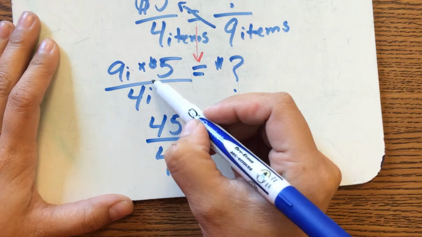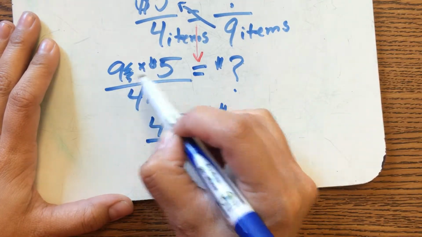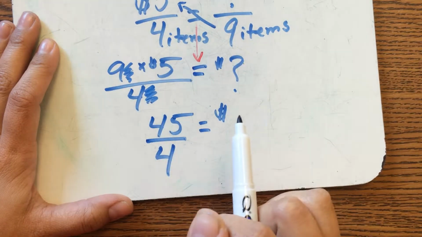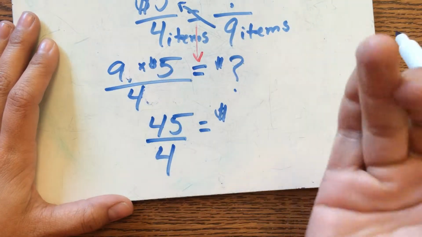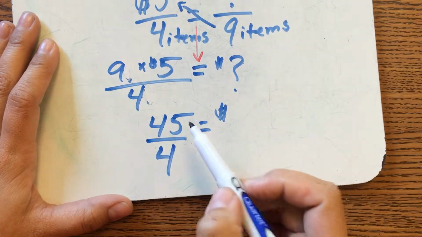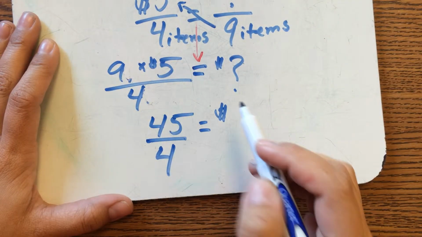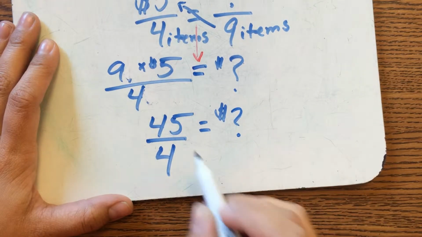And since we have items over items, we can cross out that unit. We don't need that unit anymore, right? It's just as good as not being there at all, because items over items is 1, just 1 item. All right, so 45 over 4, we still have question mark dollars.